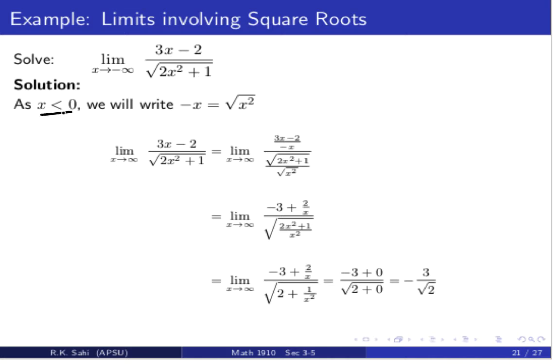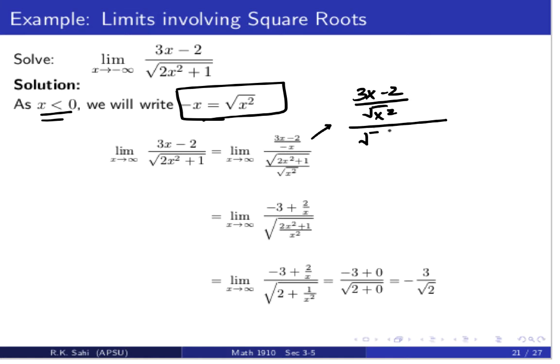As x becomes more and more negative, the square root of x squared is minus x. So we will divide the numerator by the square root of x squared: 3x minus 2 over the square root of x squared, divided by the square root of 2x squared plus 1 over the square root of x squared.